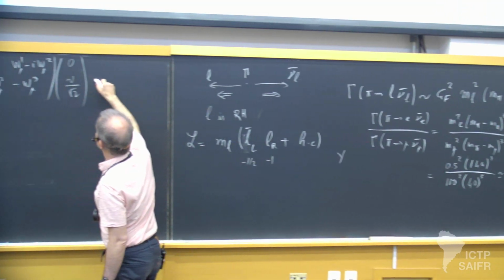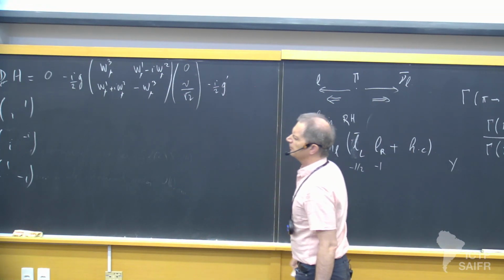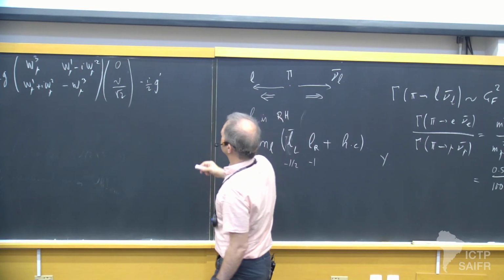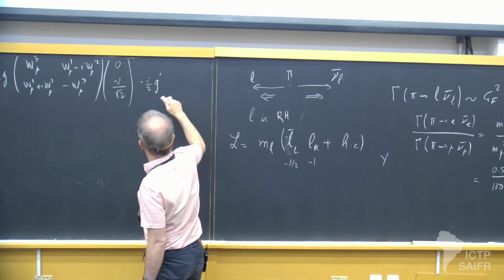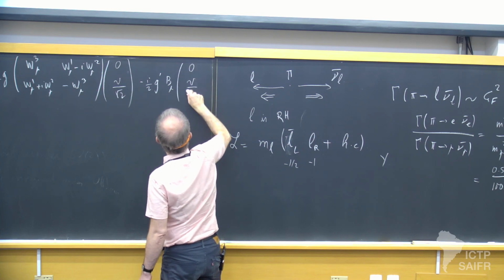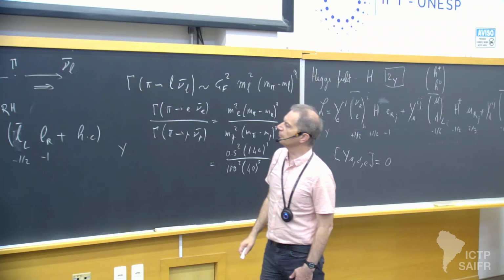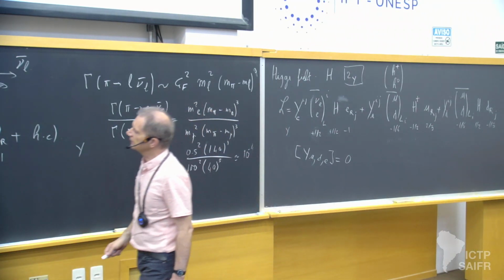Then I have the same thing, minus I over 2 G prime B mu, and so this is diagonal, B mu acting on (0, V) square root of 2. So this square root of 2 is just a normalization convention, doesn't matter.